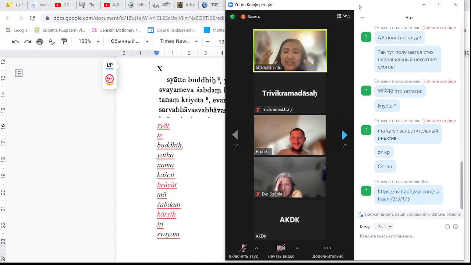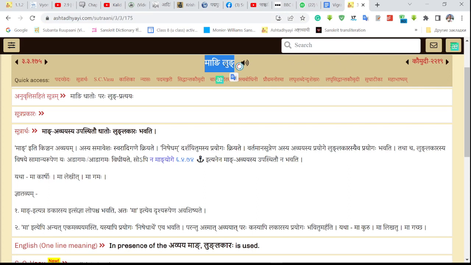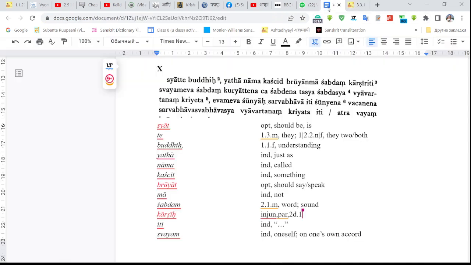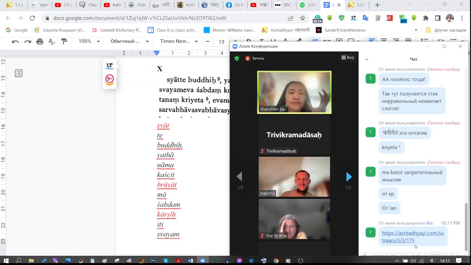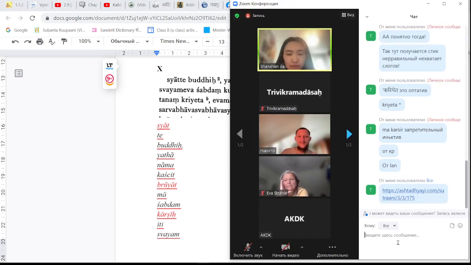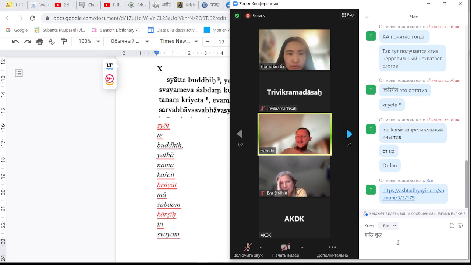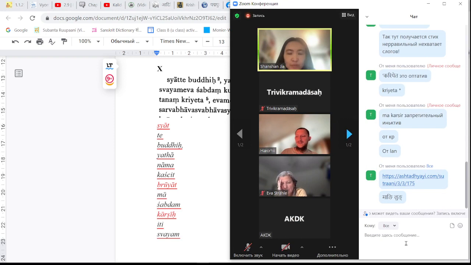The subject is in this sentence, in this paragraph. So kashti bruyat. Bruyat, what form is it? Third person singular, of brew. And which form exactly?